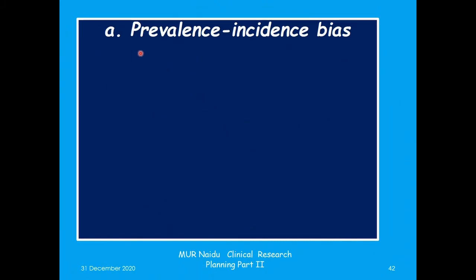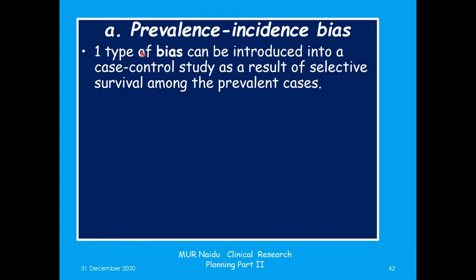Next is prevalence or incidence bias. The first type of bias can be introduced into a case control study as a result of selective survival amongst the prevalent cases. These types of bias are very common in epidemiological studies.